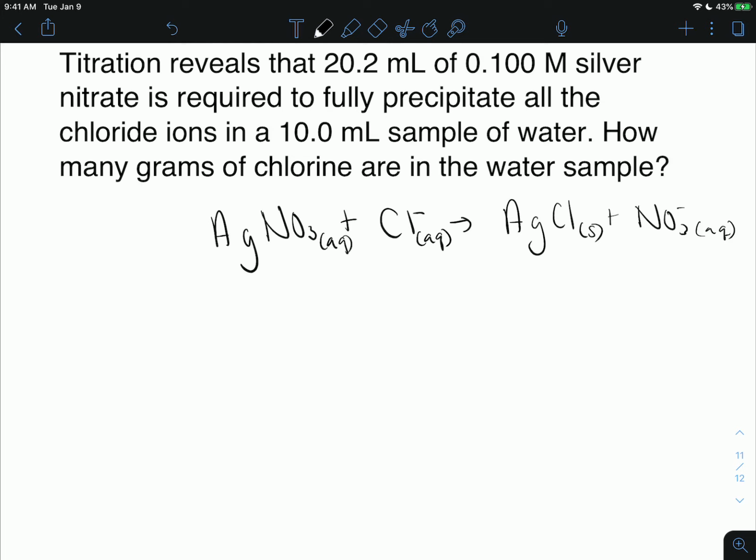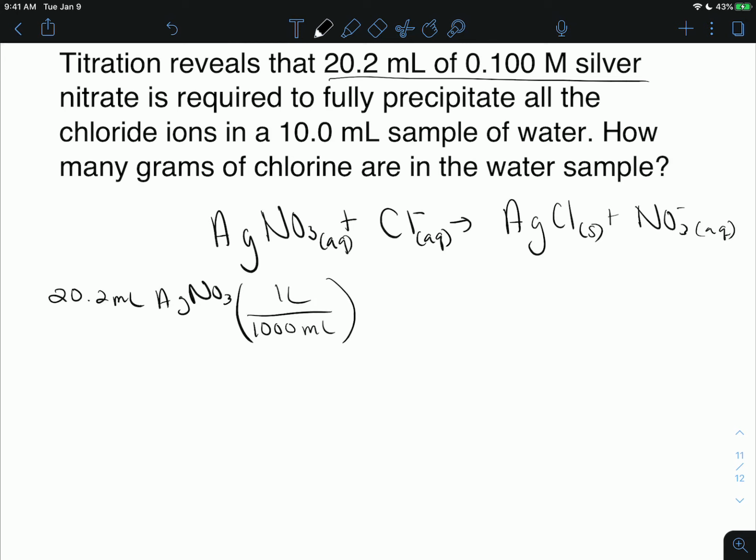We have our titrant. Let's go ahead and convert that into moles of titrant. We have 20.2 milliliters of our silver nitrate. We're going to convert that into liters, and then multiply that by our molarity, giving us 0.00202 moles of silver nitrate.